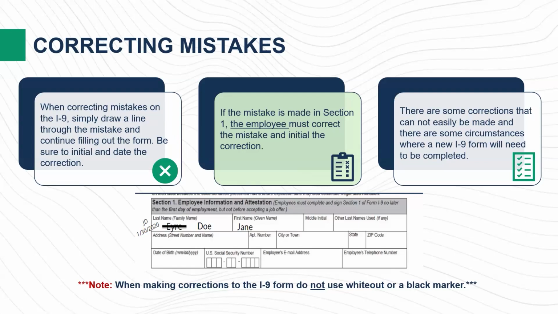So altering the form in any way that obscures the original information without proper documentation, this correction must be visible and valid. Okay. So just remember that the Department of Homeland Security, they're not worried about a correction here and there. I mean, I'm not a lawyer. However, I can say that they are very concerned when you try to cover up mistakes or maybe make too many mistakes. Again, there may be times we just need to start over on a blank I-9.